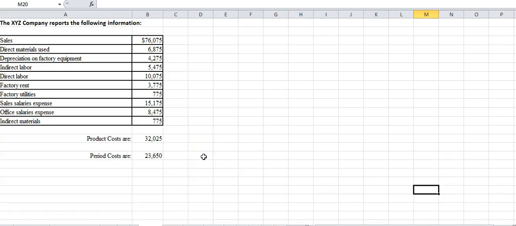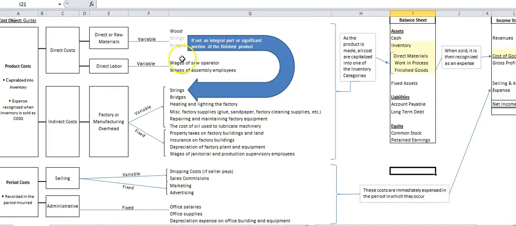Okay, this question here is about product cost and period cost. For this test, please memorize all of this. This will tell you what the product costs are, and this will tell you the period costs. Product costs are divided into direct or raw materials, direct labor, and factory or manufacturing overhead.